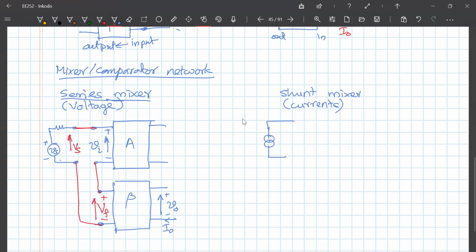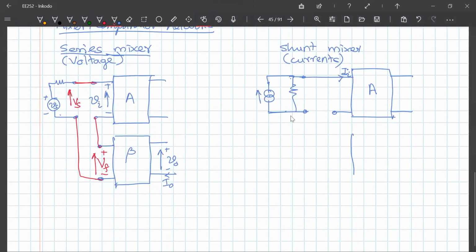So this is my source, and I have my amplifier with a gain A, which has an input current I. Okay, so input is a current I. That is what I have, and now I have to combine the output of the beta network.